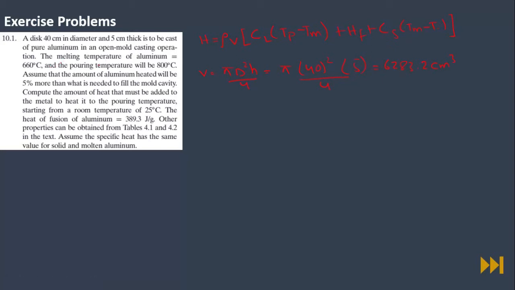But it says assume that the amount of aluminum heated will be 5% more than what is needed to fill the mold cavity. So the mold would be equal to this one, but we need to heat 5% more aluminum than what is required. So the volume that will be heated equals 1.05 times 6283.2, which is 6597.3 centimeter cube. So this is the volume that will be heated.